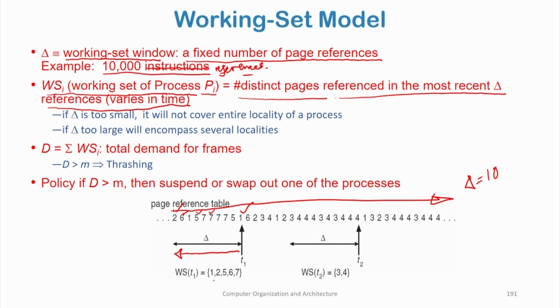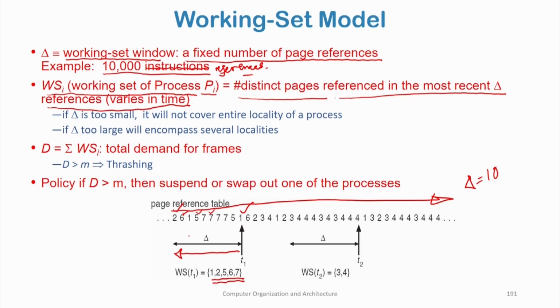So, I say that the working set of this process is 5, which is a measure of the number of active pages it requires at this point in time, given a working set window delta of 10.